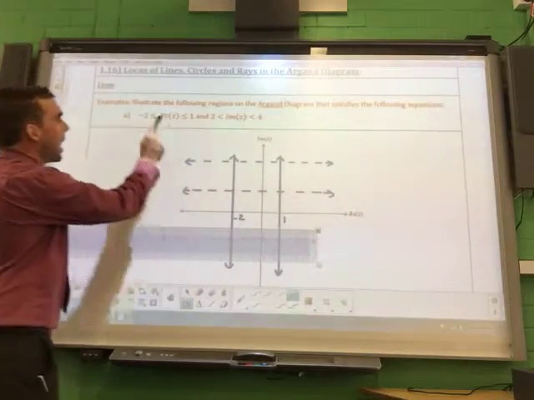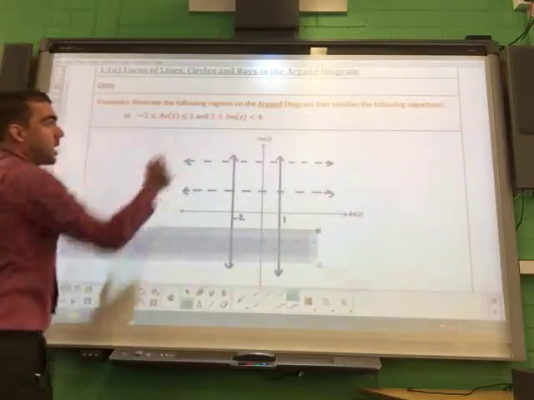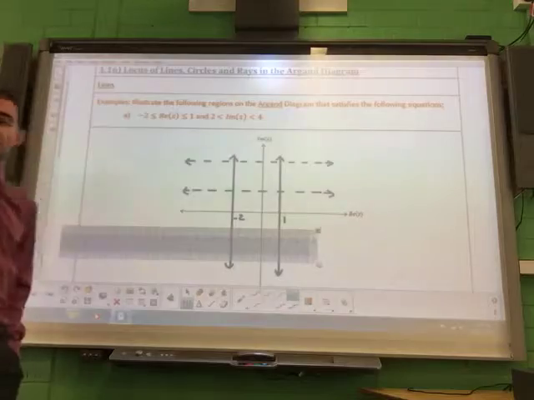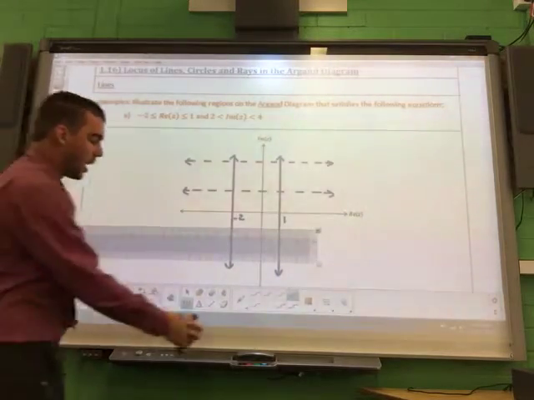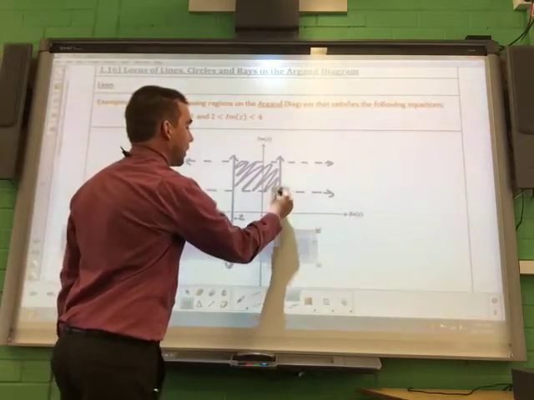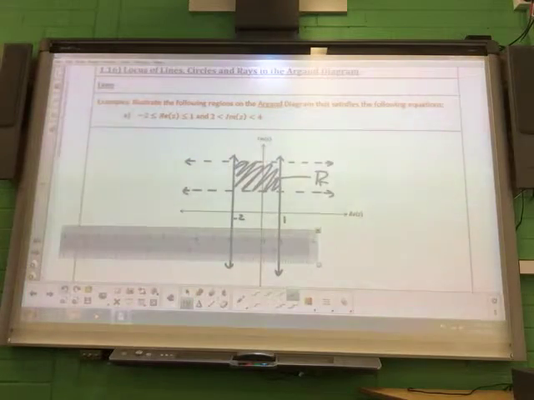Because the real part must be between these 2 points, so this whole thing will be shaded here, and then the imaginary part must be between 2 and 4. So I'll be showing that region there. Like what we've been doing in region mathematics, however, we can treat that as assumed knowledge. So it'll be that shaded region in there, between all 4 lines, really. So the real part of z will give a vertical line, and the imaginary part of z will give a horizontal line.